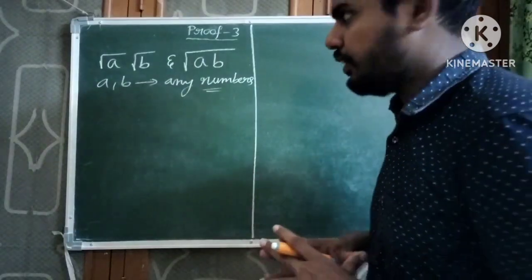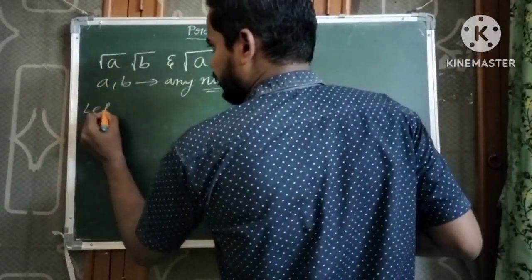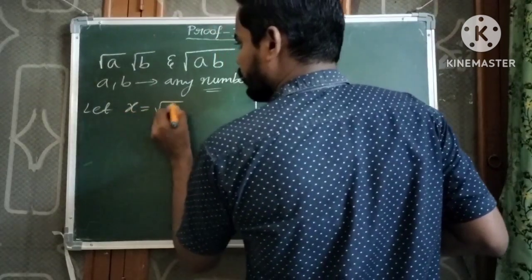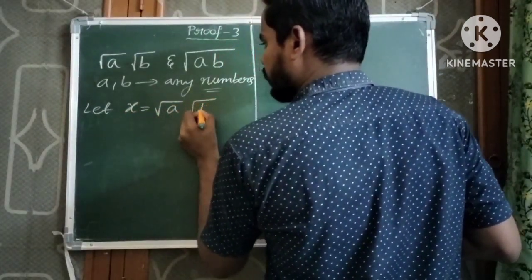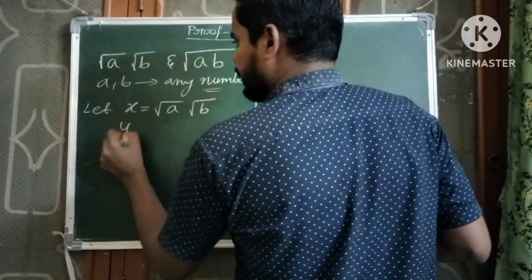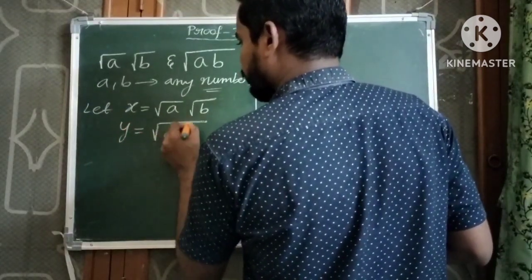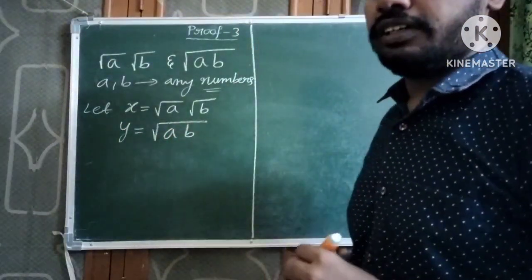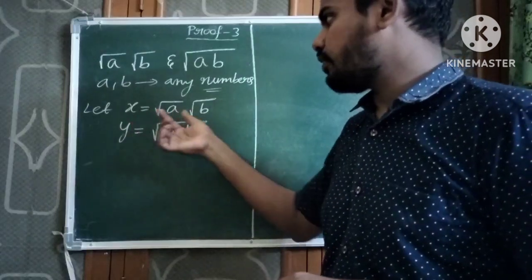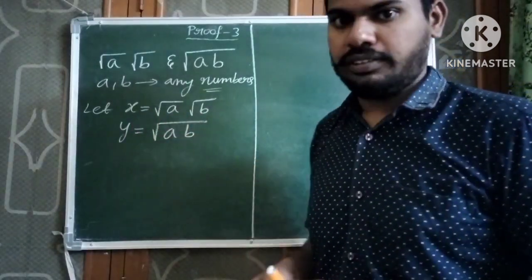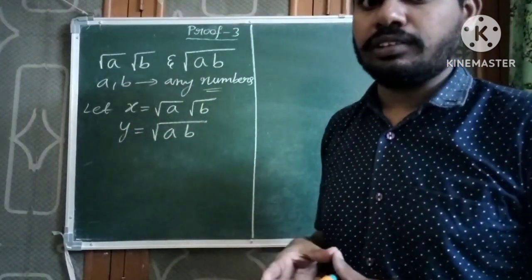So let's start. Let us consider x is equal to root A into root B and y is equal to root over AB. It's like we are giving names to them, that's all.